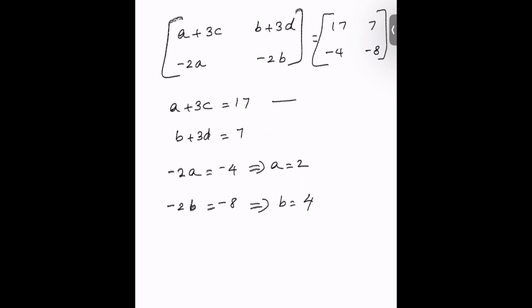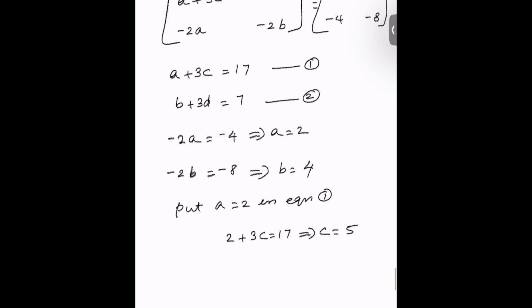Let me write this as equation 1, this as equation 2. Put A equal to 2 in equation 1. Then I will get 2 plus 3C equal to 17, implies C is equal to 17 minus 2 is 15, so 15 by 3 is 5. Now put B equal to 4 in equation 2.